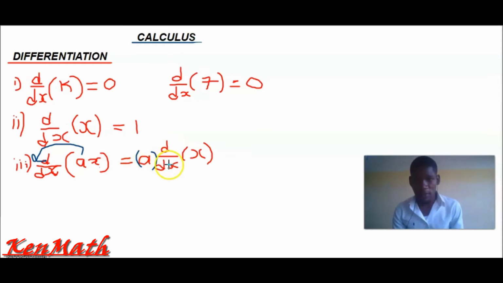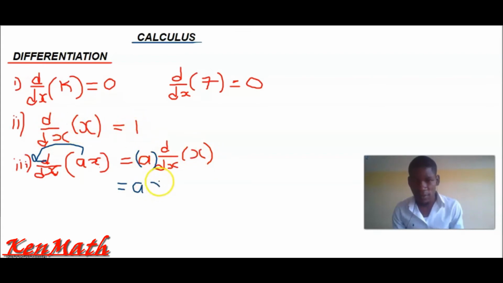And then you're going to find d over dx, the derivative of a single x. So we'll say it's the same as a times d over dx of a single x, and d over dx of a single x is 1.